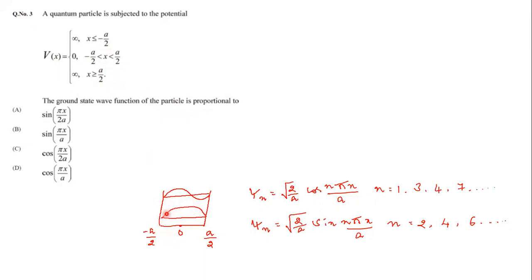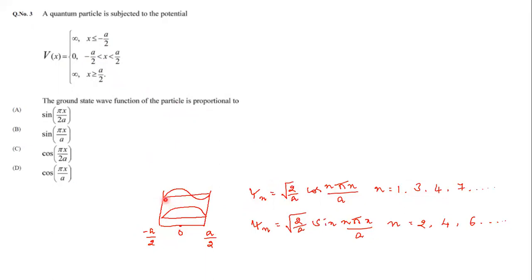As it is symmetrical, this will be taken as along x and negative, along minus x and plus x direction. It is symmetric, so it's taken as an even function. The even functions will have the wave function psi n is equal to root 2 by a cos n pi x by a, where n takes all odd values.